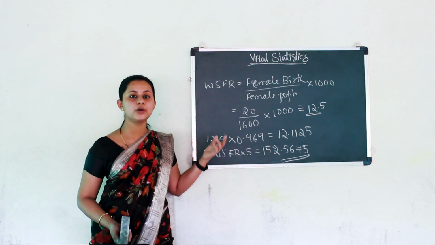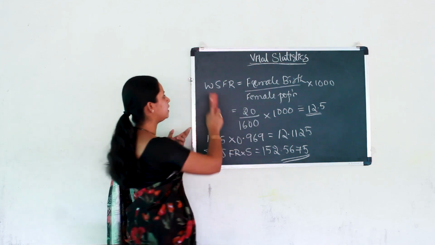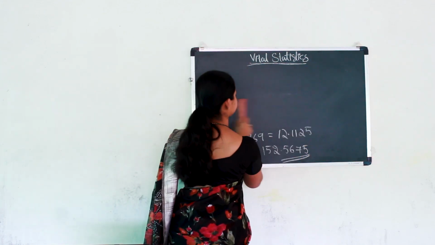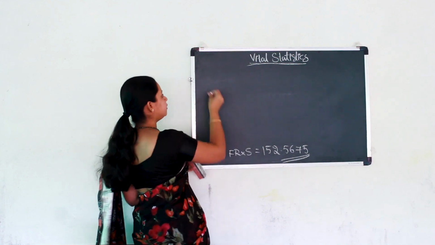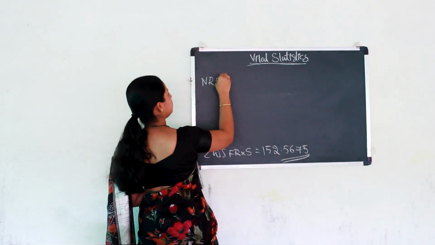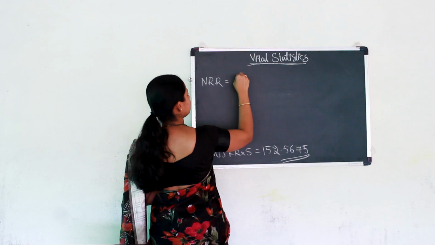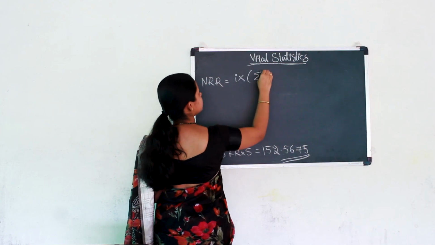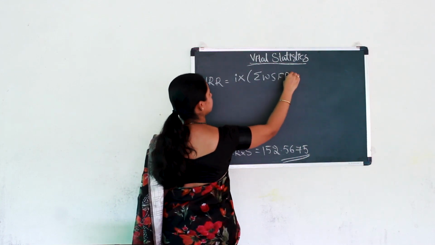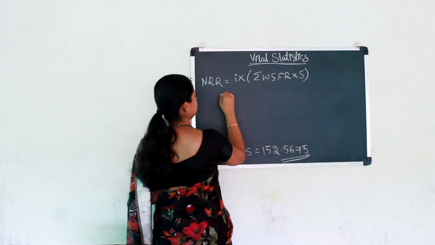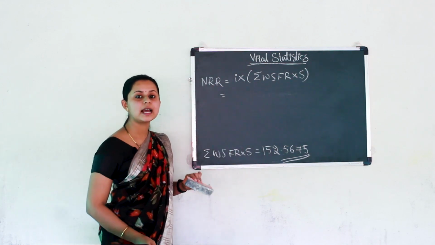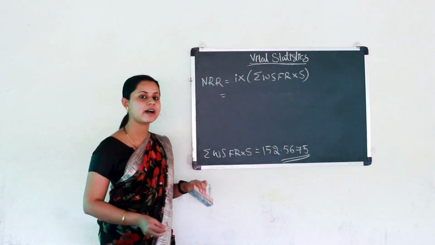Next, we shall compute the net reproduction rate. We have the formula NRR is equal to I into summation WSFR into S. Here I is the magnitude of the class, which is 5 years.